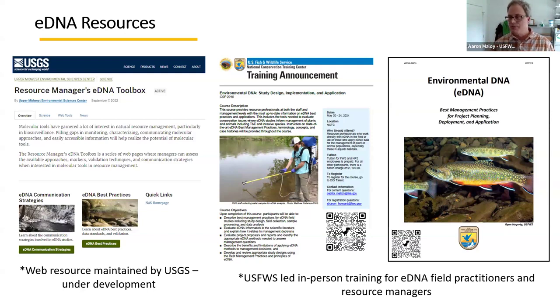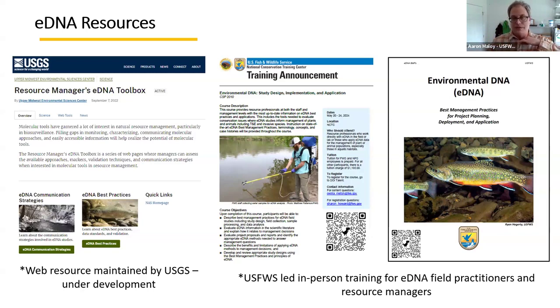It's going to talk about the tools and how we can use them, what assays are available, what species we can do eDNA work with, and information about labs, how to contact labs, and the process and the pathways to taking on and networking and getting yourself involved in an eDNA project. So that's a lot of information in there that will be coming online. I think that should be released to the public relatively soon.